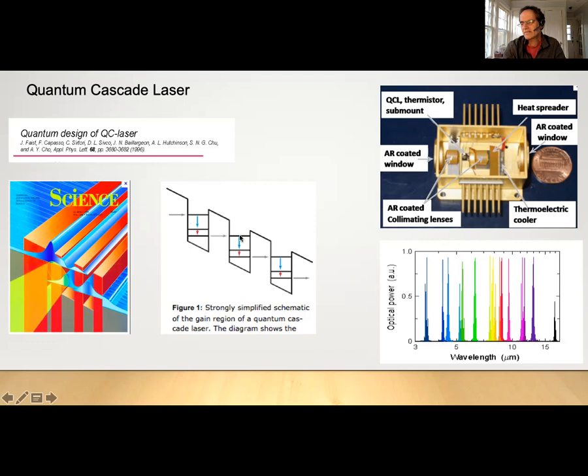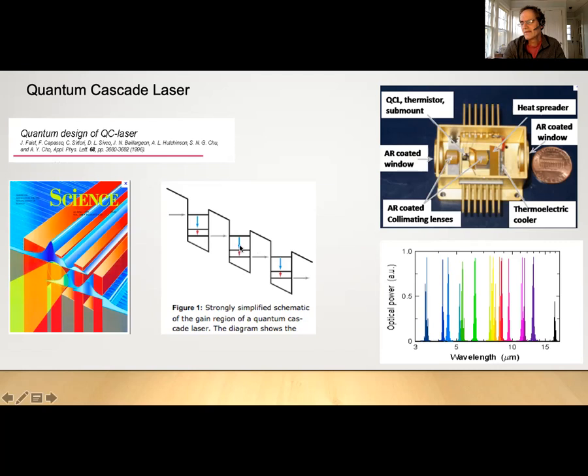And then these states are engineered so that there's another state somewhat lower, and then a third state below that. Because the electrons are being pumped into the upper state in the heterostructure, they can emit light when they drop from the upper state to the intermediate state.